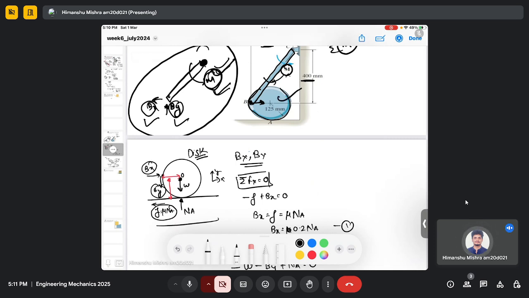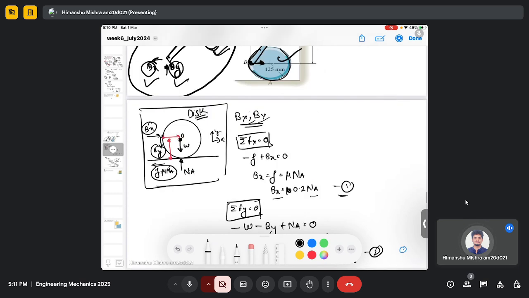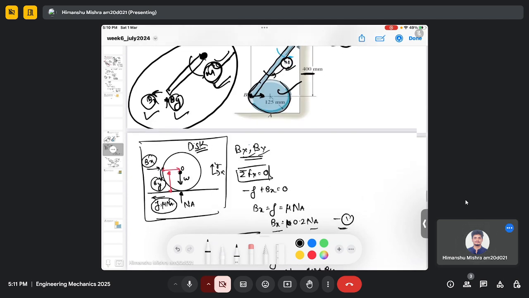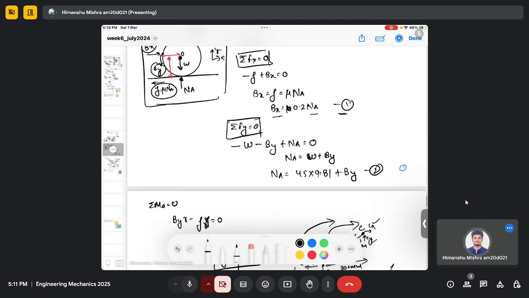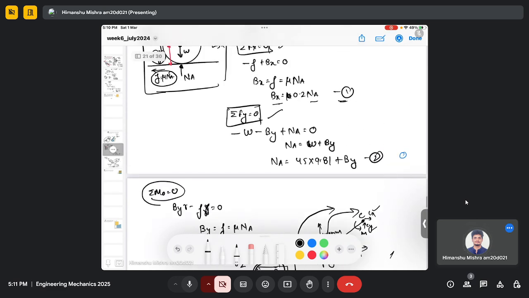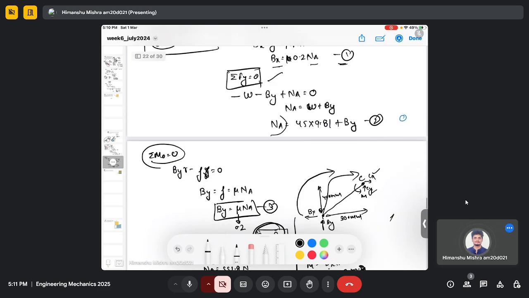First we considered the free body diagram of the disk, and we calculated Bx and By because they are required to calculate the moment M. We used the force equilibrium equations, summation of Fx and Fy equals 0, and we also wrote a moment equation, because there were three unknowns, Bx, By and Na.